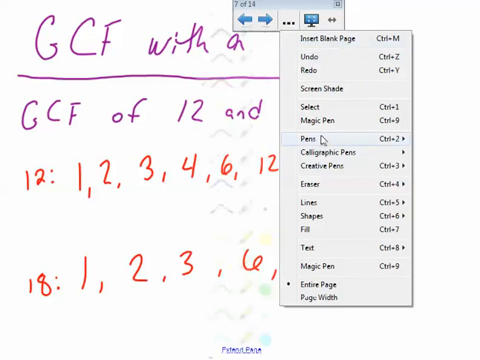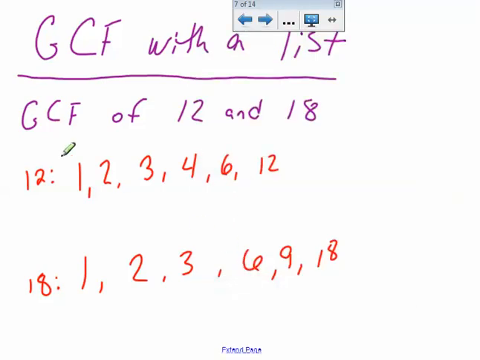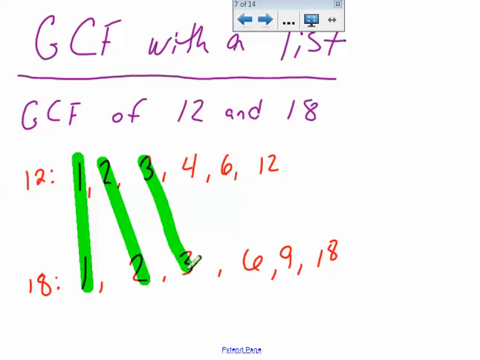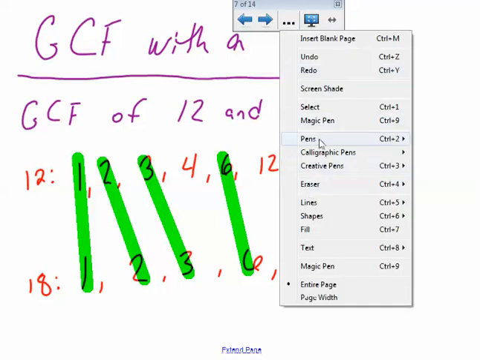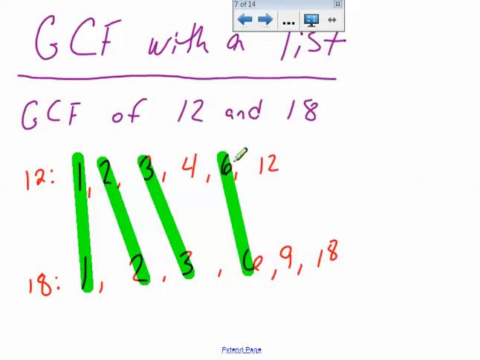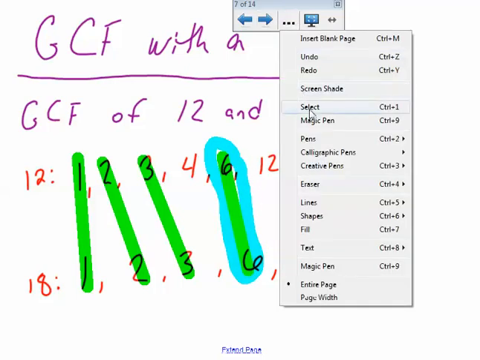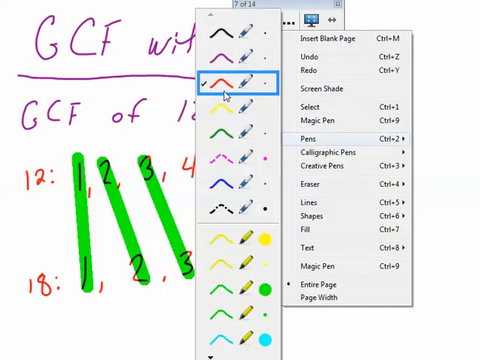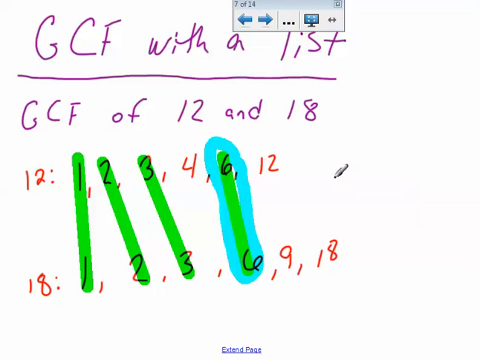Now, common factors: 1, 2, 3, and 6. Those are all the ones in common. But the greatest common factor is the largest of those, which is 6. So that tells me that my GCF is 6. The greatest common factor of 12 and 18 is 6.